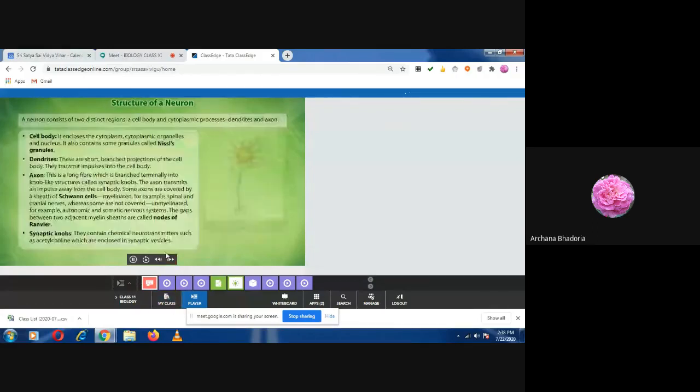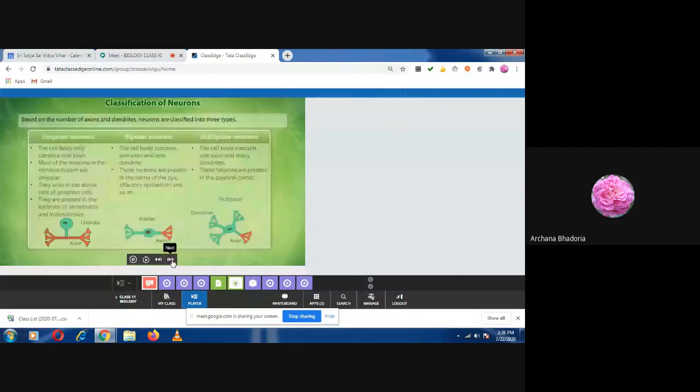In some of the nerve cells, we find one axon this side and another axon arising from the other side. So if two axons we find, it will be called bipolar. Cell body containing one axon, one dendrite, then bipolar.